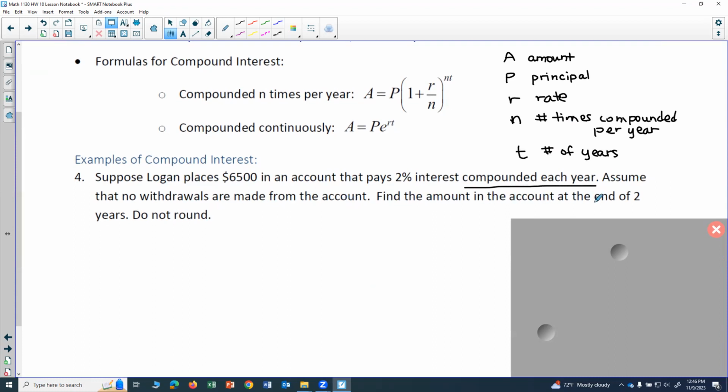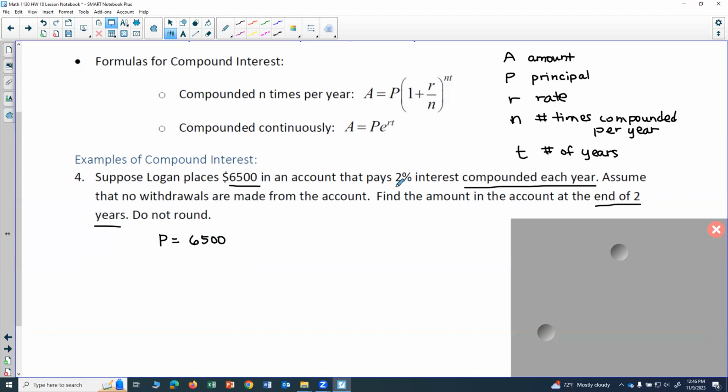Find the amount in the account at the end of 2 years. Do not round. Okay, so let's go ahead and identify the different pieces of our function. So that P, the principal amount, is the amount that he invested. So P is going to be 6,500.